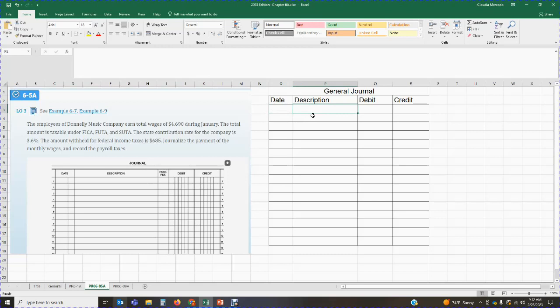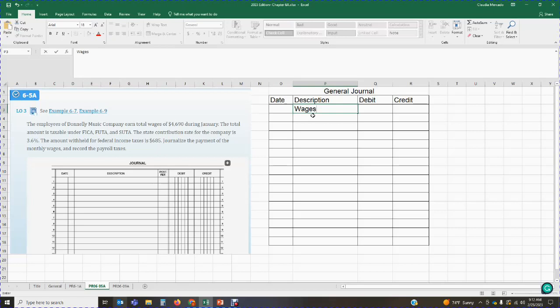The first thing we're going to do is debit our wages account. In most of the organizations where I've worked, the account is wages expense, and that is what I would use. In this textbook, they only use wages.